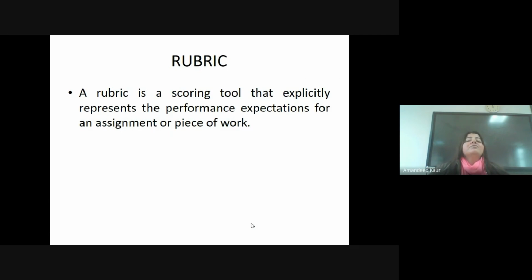So when it comes to the design of the rubric, we need to divide that activity into a number of subparts, and we need to give weightage to those particular activities. Say, for example, the student is giving a presentation. The performance expectation, when the student is preparing that PowerPoint presentation, is that information must be collected from authentic and valid resources only.